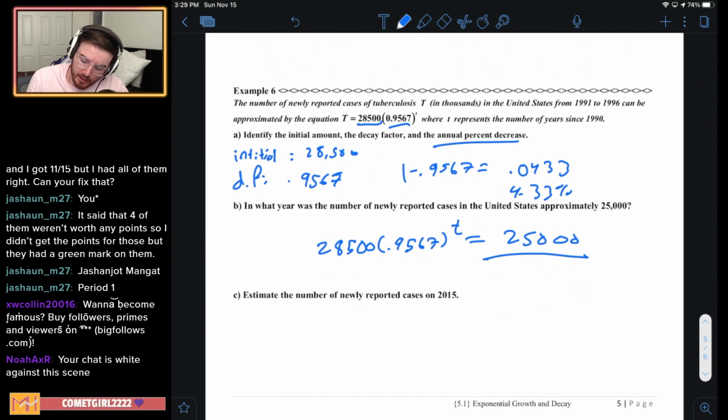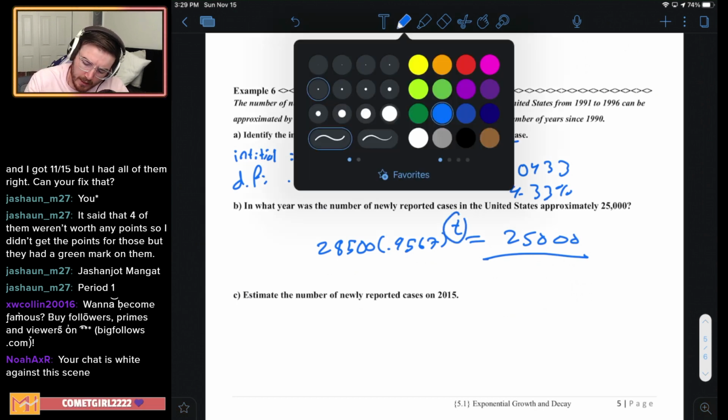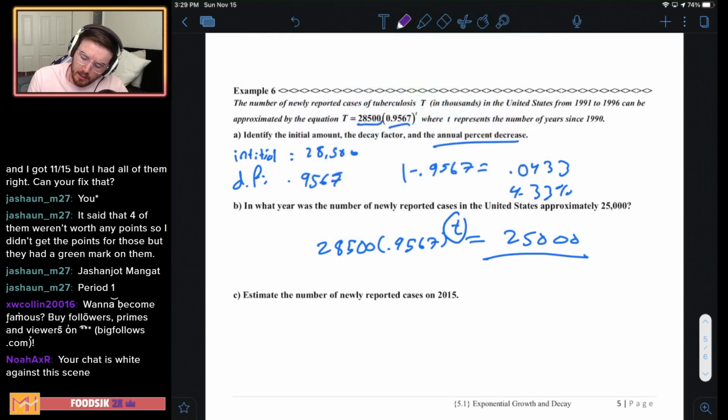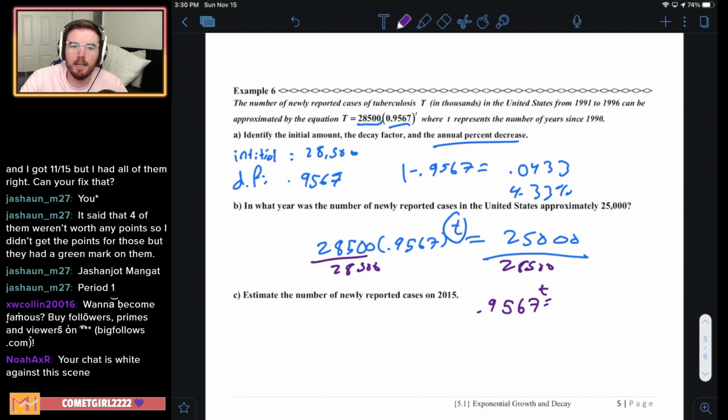How do we do that? Well, let's try to get t on its own. Let's think about that. How do we get t on its own? Divide by 28,500. We can try that out. 0.9567 to the t equals, what is that? When I plug that into a calculator, actually, let's just leave it as a fraction right now.